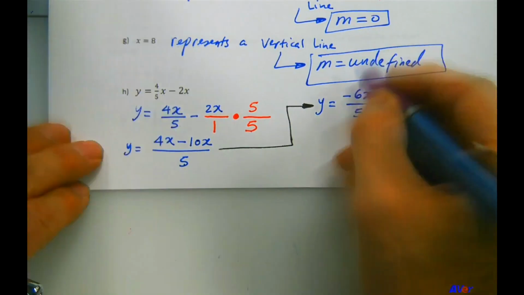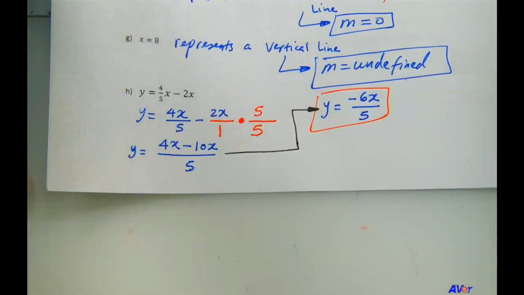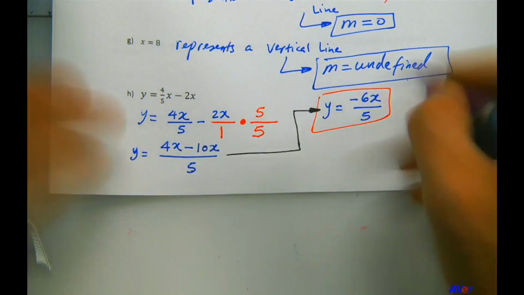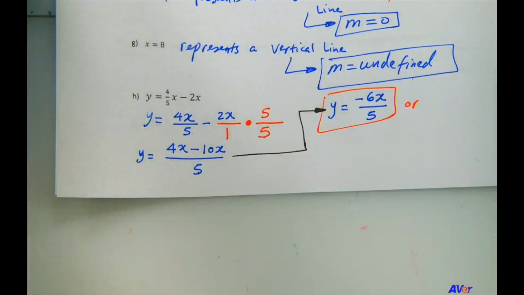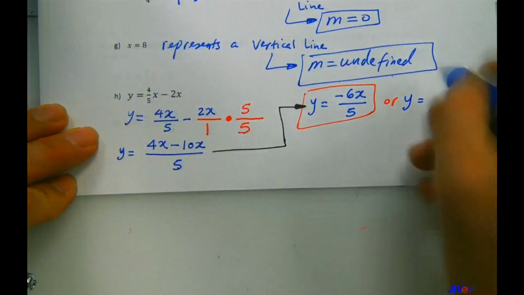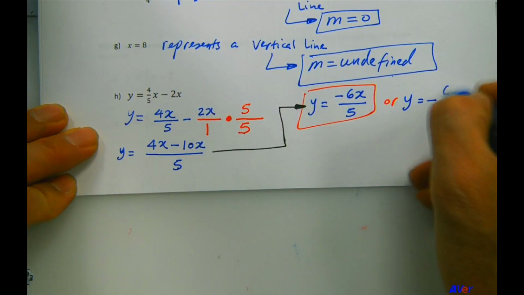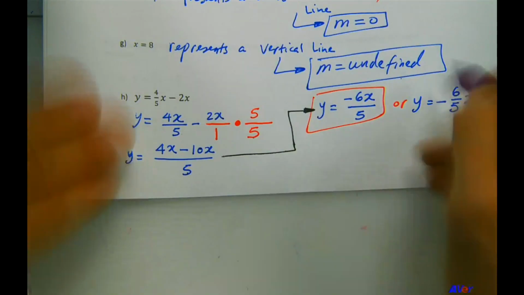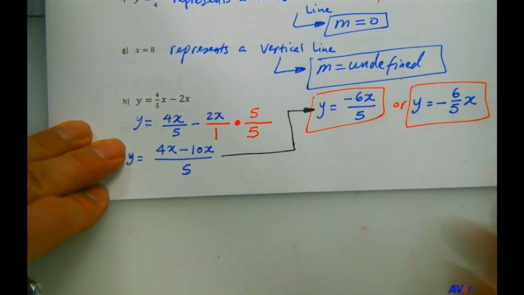This is the final equation. Or we can rewrite it as y equals minus 6 over 5x. These two equations are exactly the same, but they're written differently.